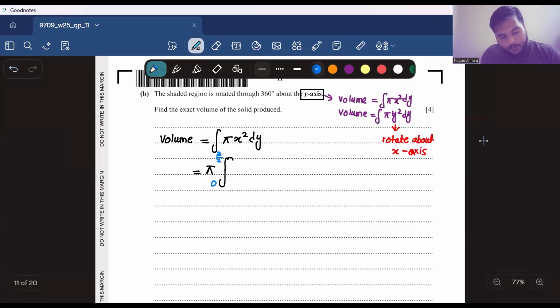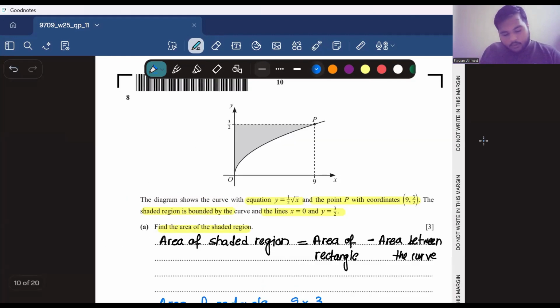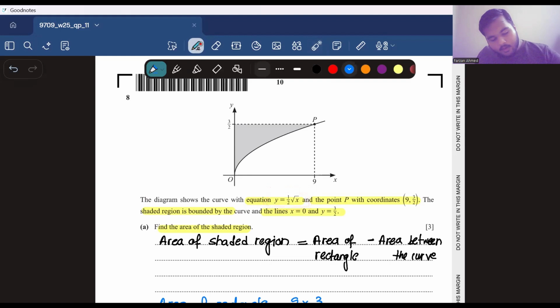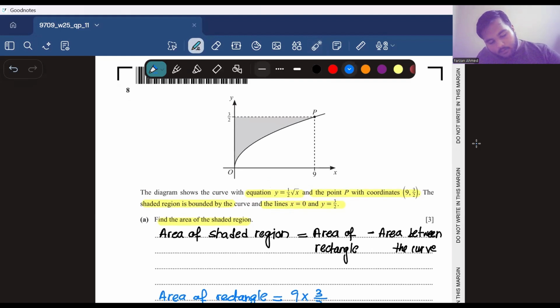From here, we have y equals 1 upon 2 square root of x. From here, we will find x. So x equals 2y squared, and so x equals 4y squared.